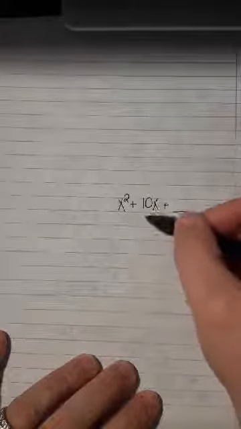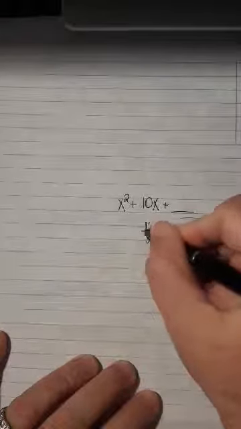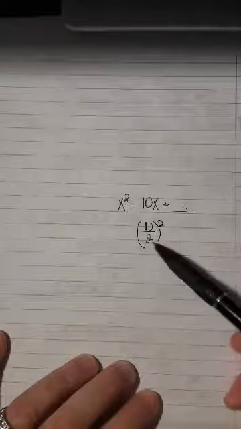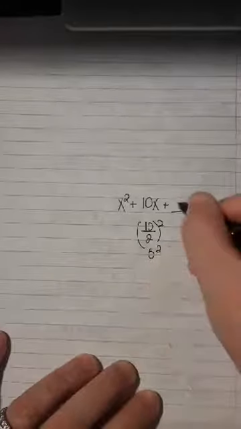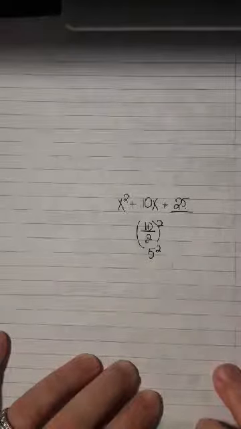And all you're doing is taking the middle term, the b term, and you're going to half it. So we're going to take 10 and half it, and then square that answer. And that's going to go here. So half of 10 is 5. And when you square 5, you get 25, and that's your answer. And that's all we're doing to complete our square.